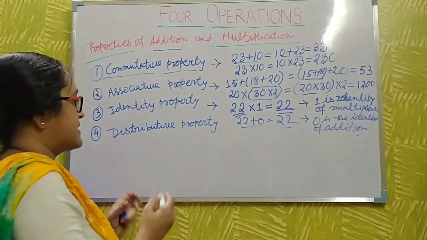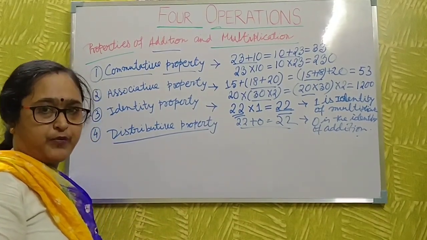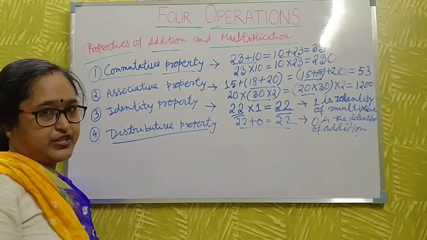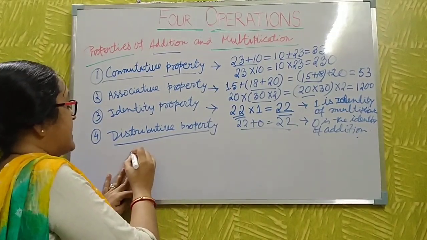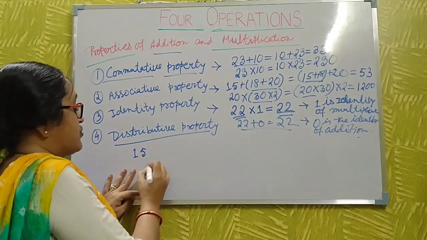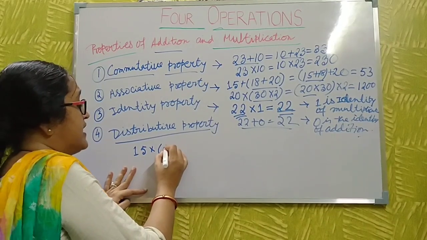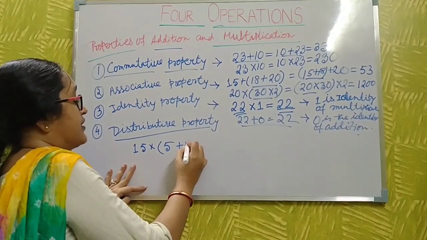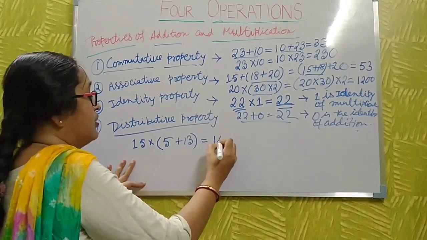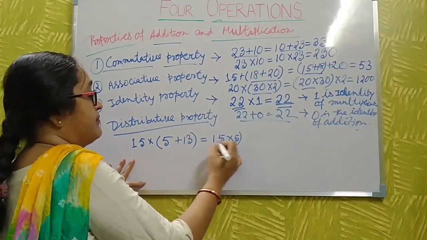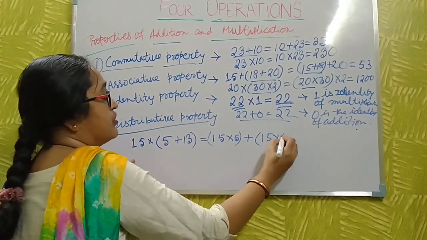Now I discuss a very important property. This is called the distributive property under addition and multiplication both together. Now I take an example. 15 multiplied by (5 plus 13) is also 15 into 5 plus 15 into 13.